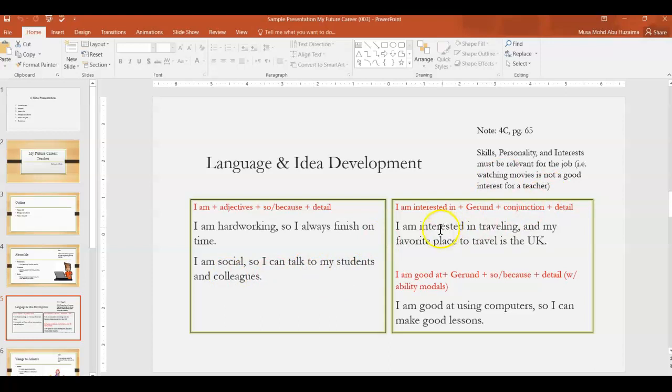You can also use these language expressions to help you speak in your presentation. For example, you can say, I'm interested in traveling, and my favorite place to travel is the UK. If you want to talk about your skills, you can say, I'm good at. Okay, I'm good at plus gerund. For example, I'm good at using computers, so I can make good lessons. Okay, these things will help you speak more.